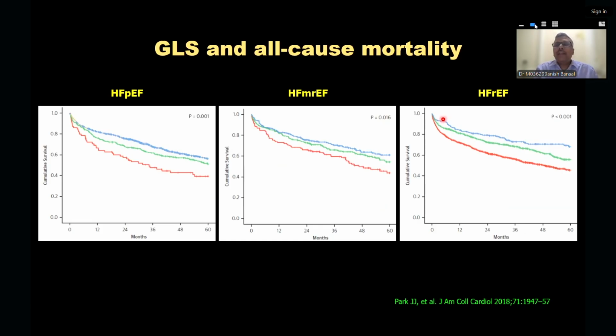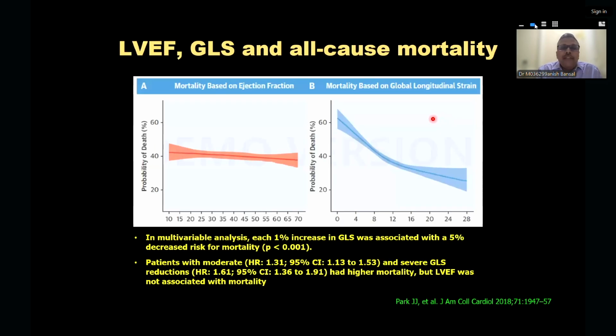In all these categories, we found significant prognostic benefit of GLS. And when we compare EF and GLS, you can easily see that as the GLS is going down, mortality is increasing, but with EF, it is rather constant. So a drop in EF in these patients was not associated much with mortality, but a drop in GLS was.